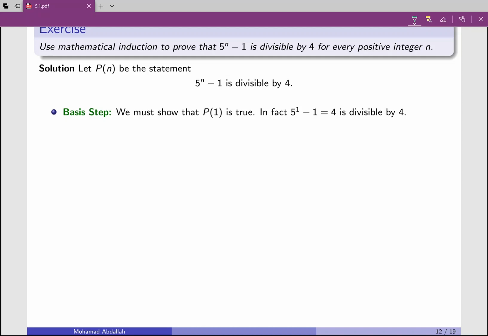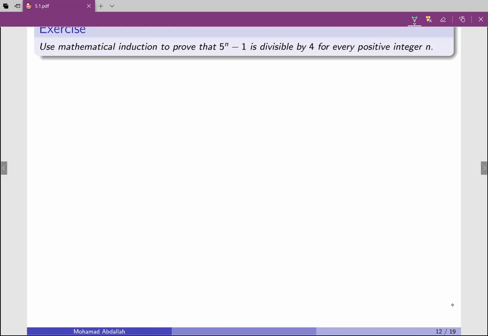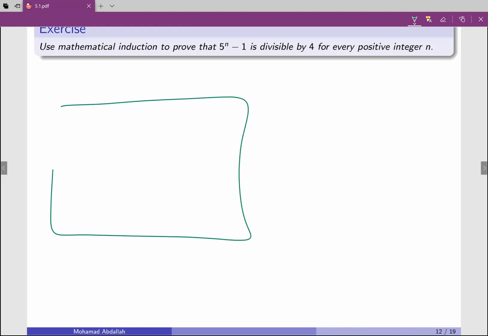Again, by modular arithmetic, this is easy. Just a note on the side, using modular arithmetic, chapter 4: 5 to the power n minus 1 is congruent to what mod 4?